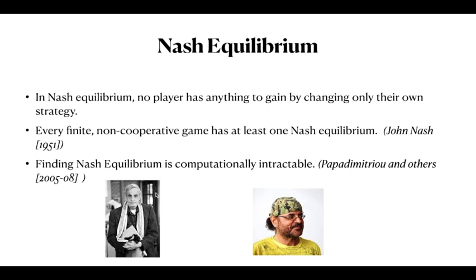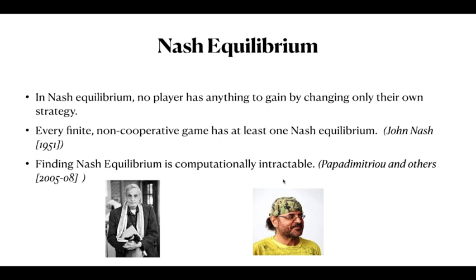So, this is about the existence of Nash equilibrium. However, the problem of finding Nash equilibrium was shown to be computationally intractable. The specific results were that the problem of finding Nash equilibrium in 2-player games, 3-player games, and 4-player games was shown to be PPAD complete.